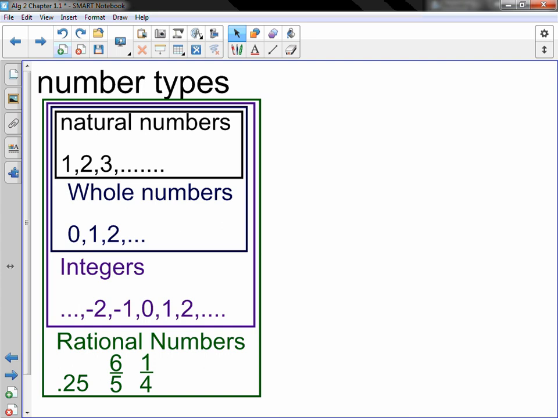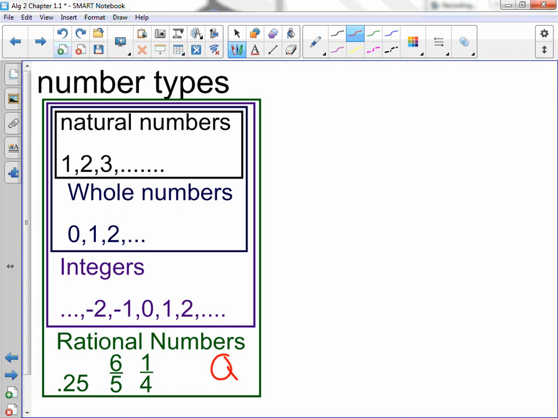Now, our rational numbers is going to be, let's see if I remember this right, Q. So the symbol for rational numbers is a Q with a line. Integers was a Z, then W, and N.